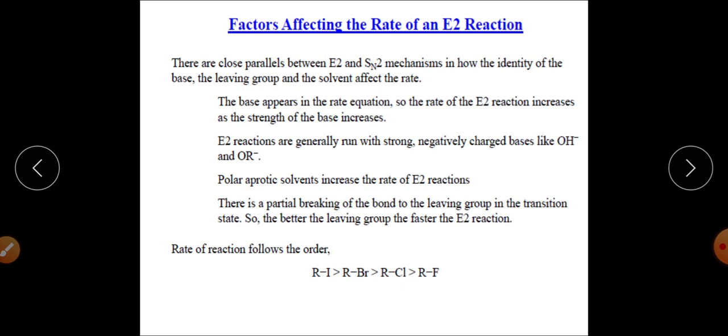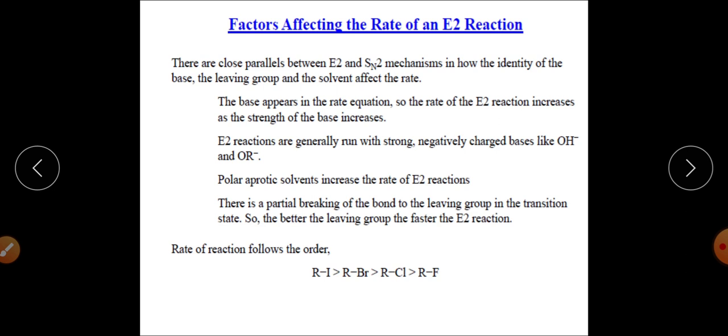When we talk about the leaving group, the leaving group for the E2 reaction should be a good leaving group. For example, you can see on the screen that the rate of reaction for different alkyl halides in the E2 reaction is RI, then RBr, then RCl and then RF, alkyl fluoride.